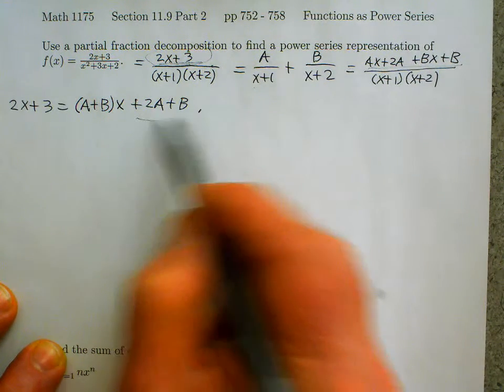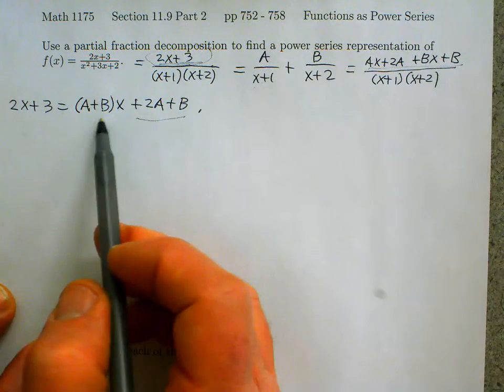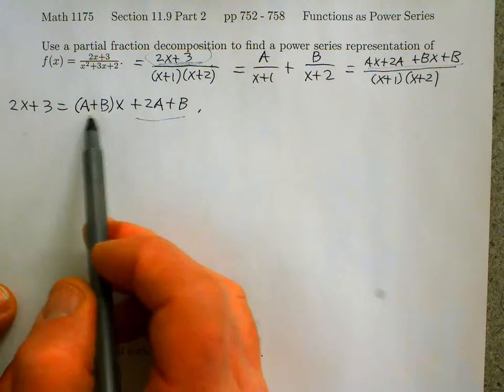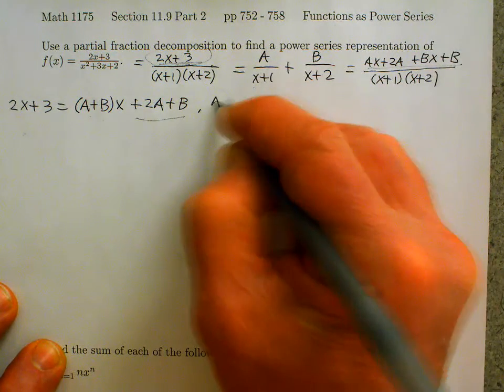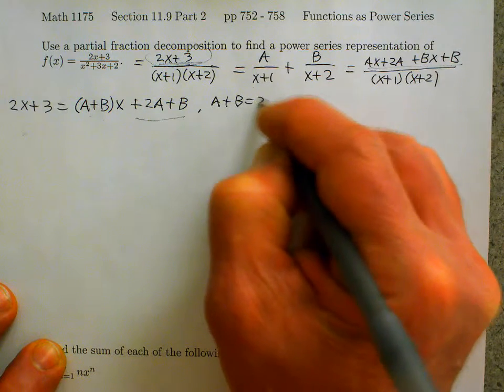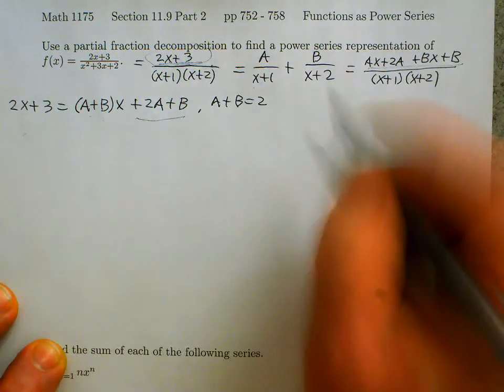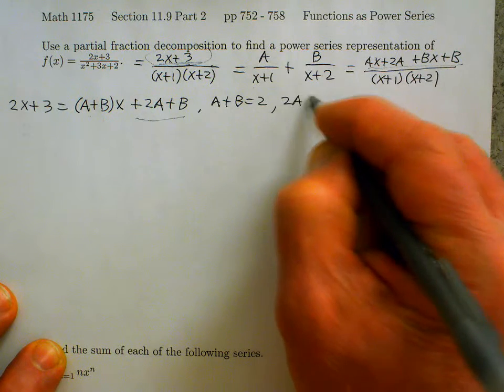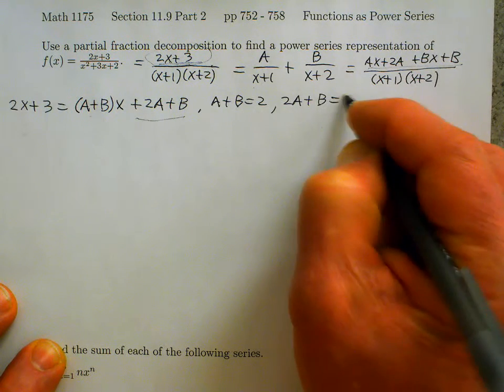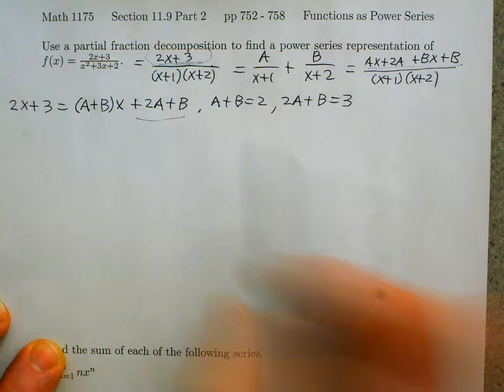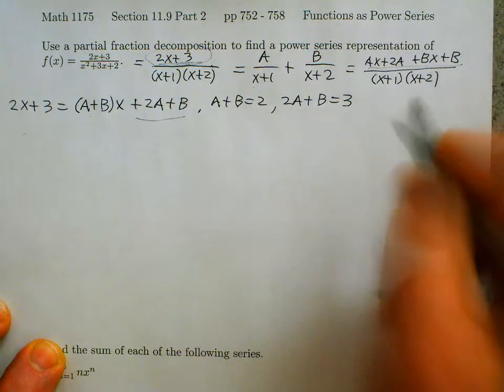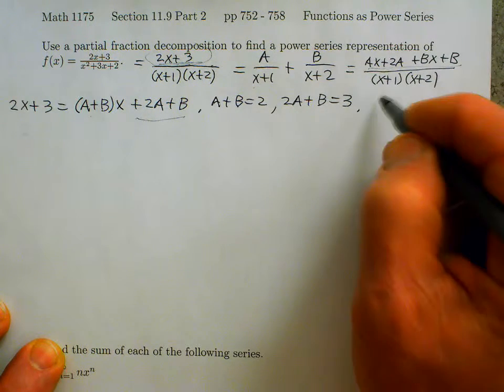So from this equation, the coefficient of x is 2, so a plus b is equal to 2. And 2a plus b equals 3. So it doesn't take too much effort to see that both a and b are 1.